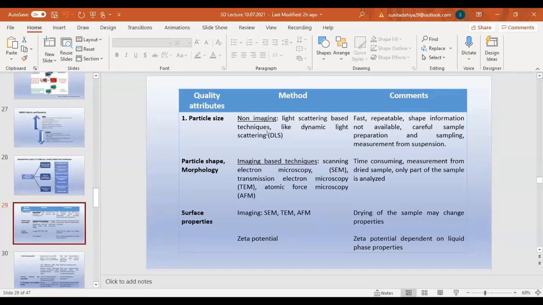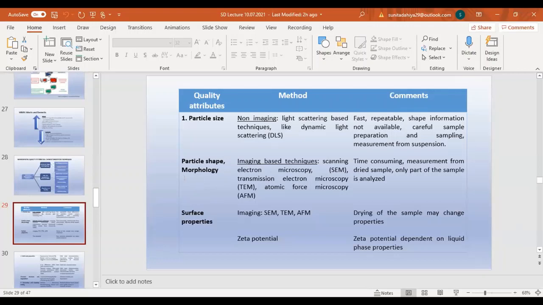Nowadays zeta sizers are also available, which measure at a time the particle size, the polydispersity index, as well as the zeta potential. For example, the Malvern zeta sizer is a very widely used laboratory equipment for characterization.